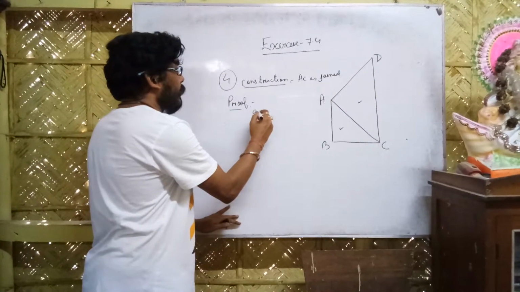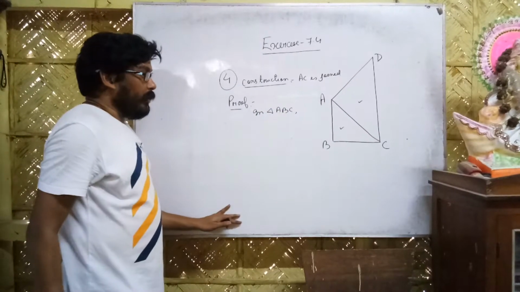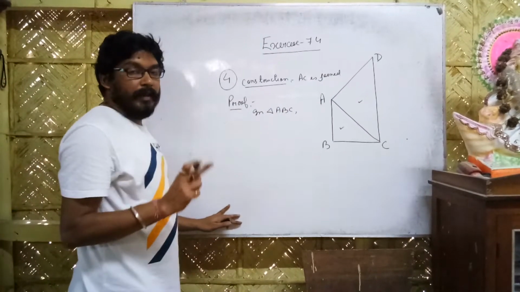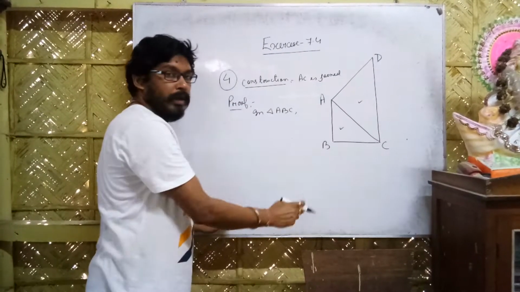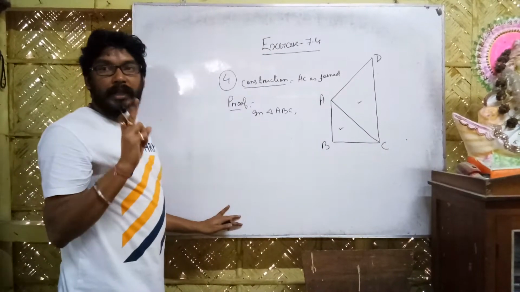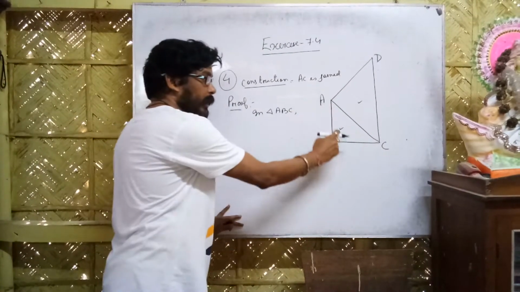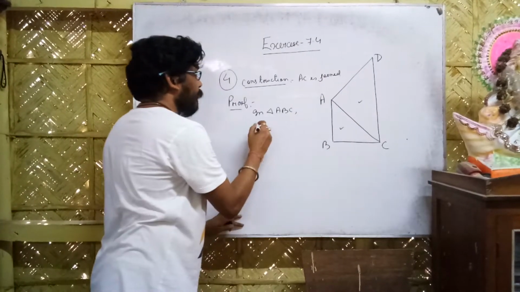So let me write in triangle ABC. So in triangle ABC, what is given in the question? AB is the smallest side, no? So AB is smaller than BC. Okay, it is given in the question. AB is the smallest side of the quadrilateral ABCD. So I will write here AB is smaller than BC.